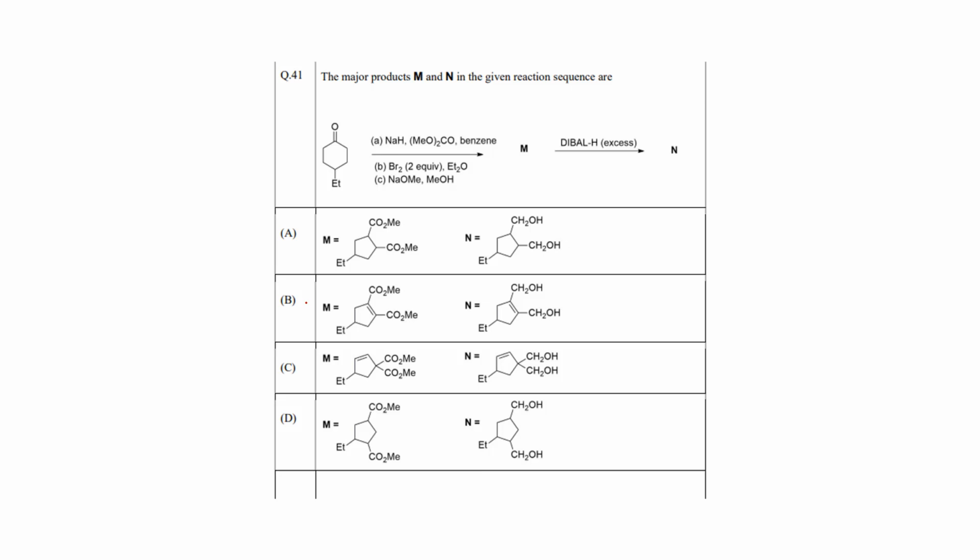Next is this one. What will be the major products M and N in the given reaction sequence? So they have added NaH base, CO2Me and benzene. In both, the alpha hydrogens are equivalent.